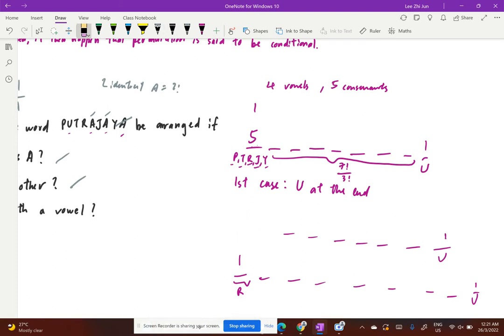So this is the first case, and the second case, let me use this column, is A at the end.